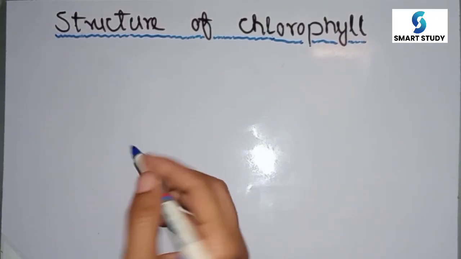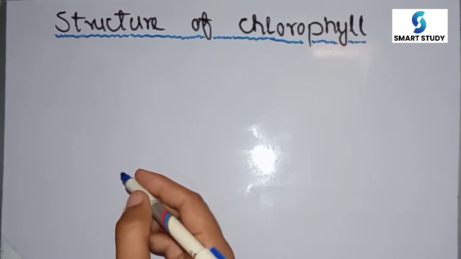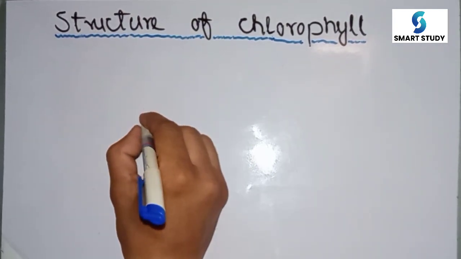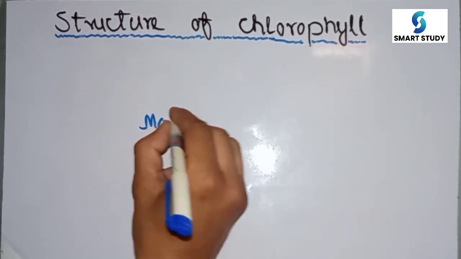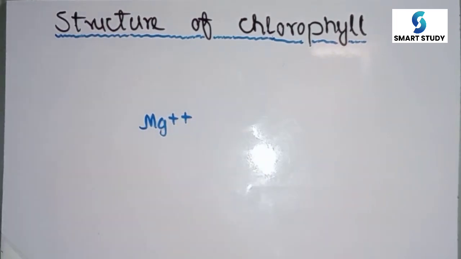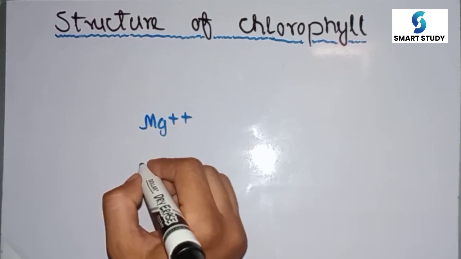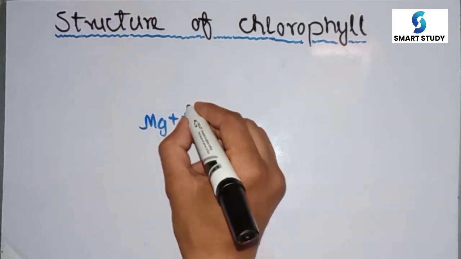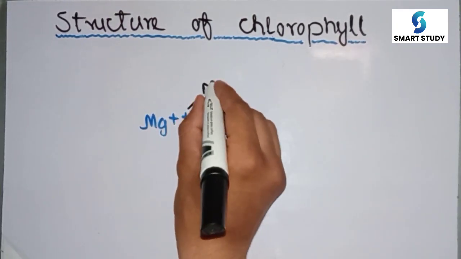Now we draw a typical structure of a chlorophyll molecule. It contains a magnesium ion in the center. Attached to the magnesium ion, there are 4 nitrogen containing pyrrole rings.